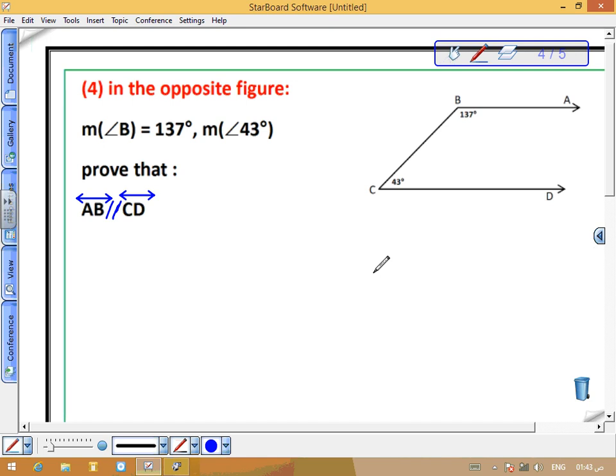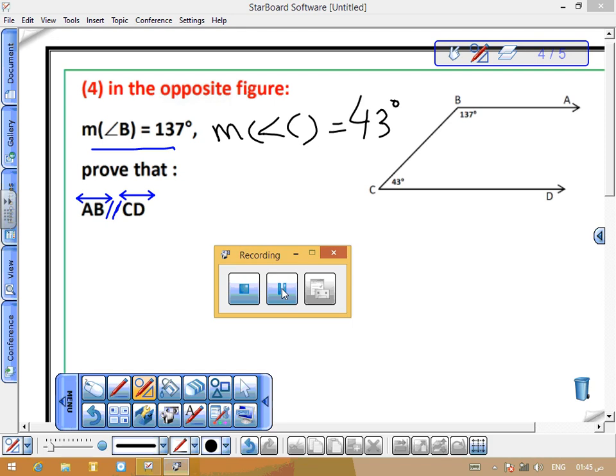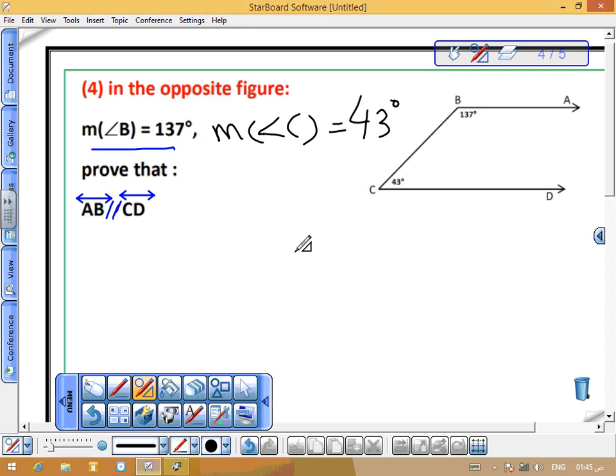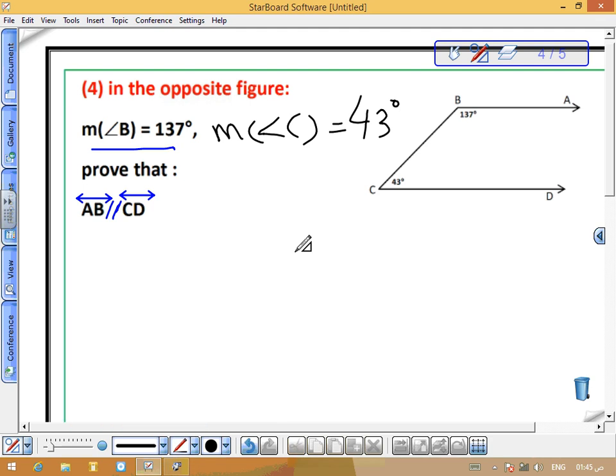Okay, example number 4. In the opposite figure, measure of angle B equals 137 degrees and measure of angle C equals 43 degrees.